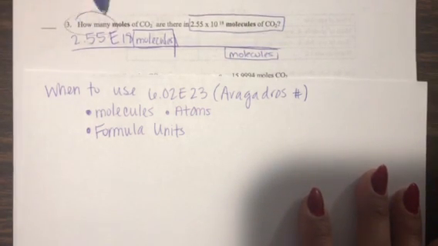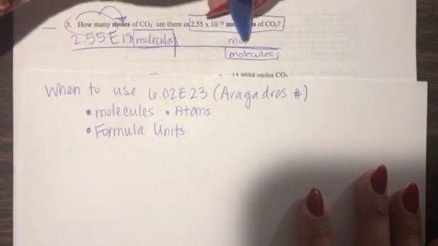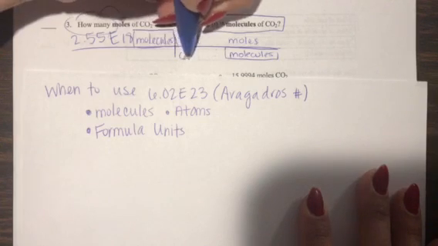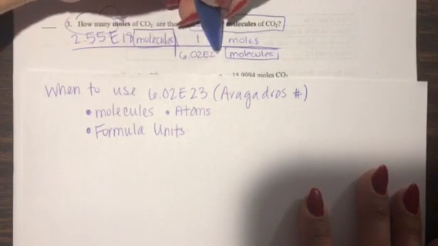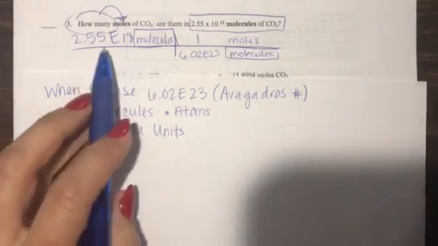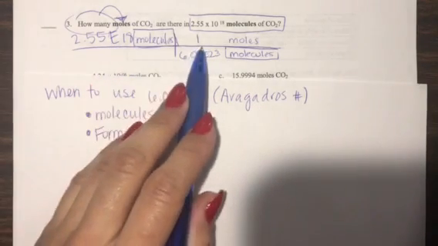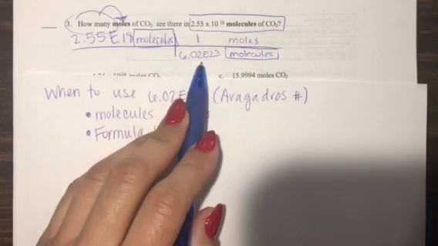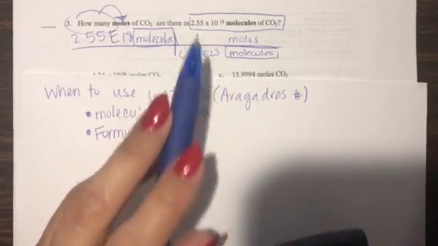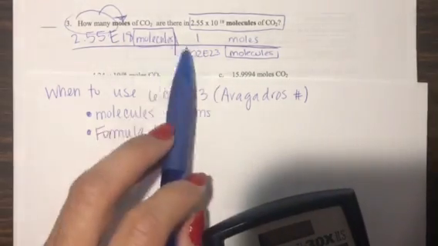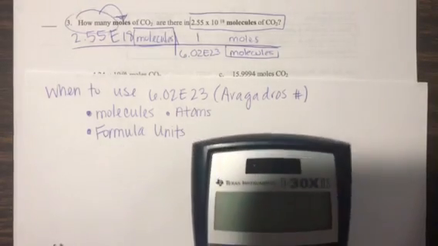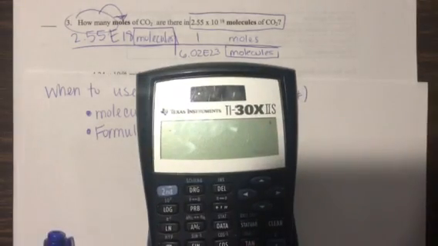And what am I looking for? Moles. So you can do 2.55 times 10 to the 18 times 1 divided by Avogadro's number. You don't really need to multiply it, just divide. So go ahead and type that in your calculator.